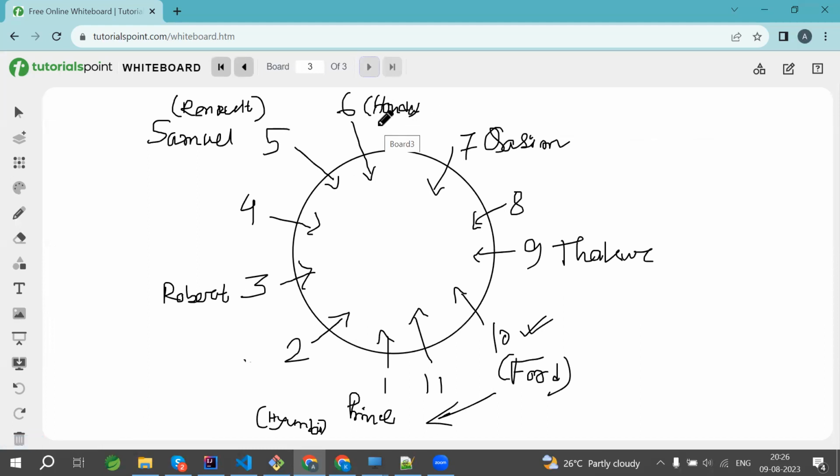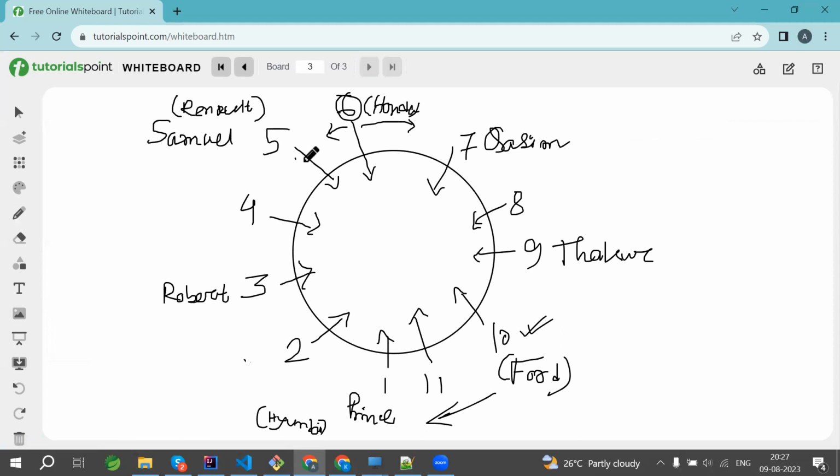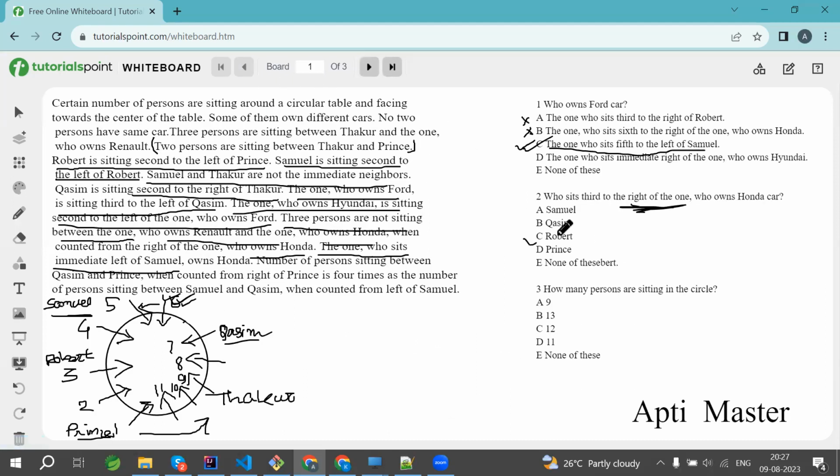Third to the right means, you can see this sixth position, his left is here and right is here. Let me see the question again. Third to the right of the one who owns the Honda. Okay, so one, two, three. So Robert is third to the right of the person who owns the Honda car. Right, so this will be Robert.